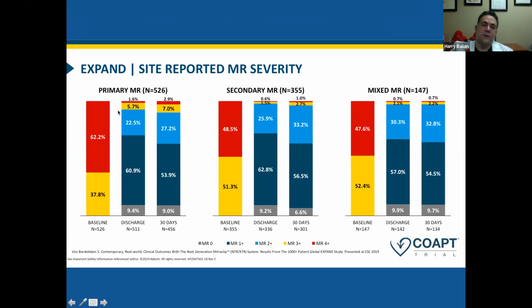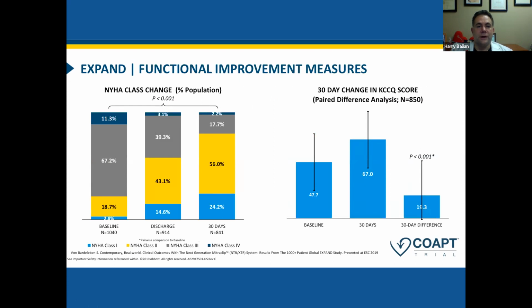In patients with severe MR, comparing baseline and discharge, after the mitral valve clipping their lifestyle got better, their NYHA class got better, and their rehospitalizations got better. You see the NYHA class going from class 3 to class 2 to class 1. More patients were in class 2 and 1 than class 3 after they received the mitral clip.